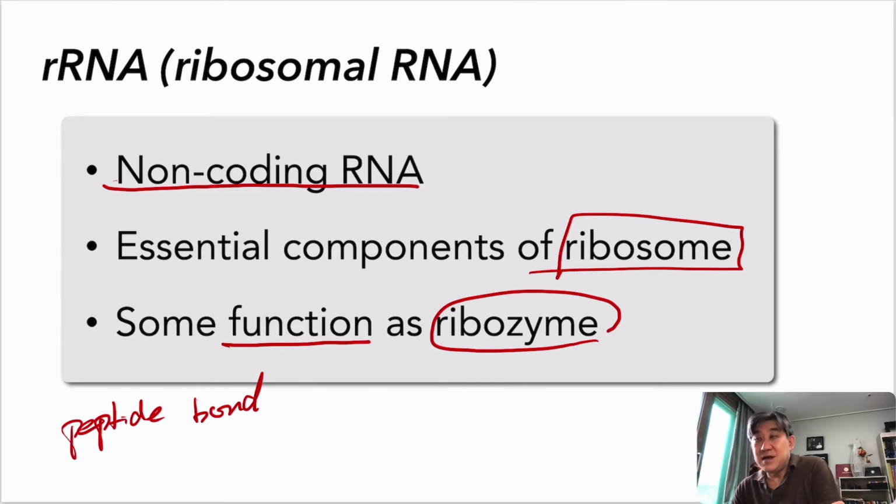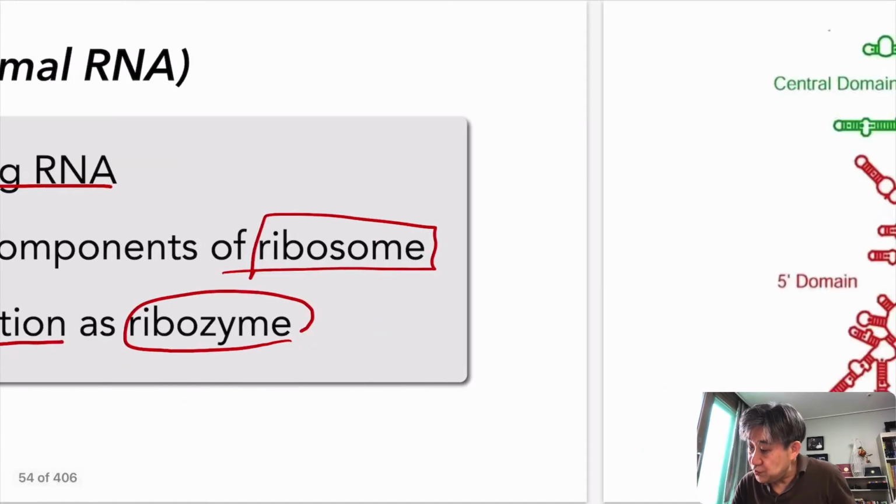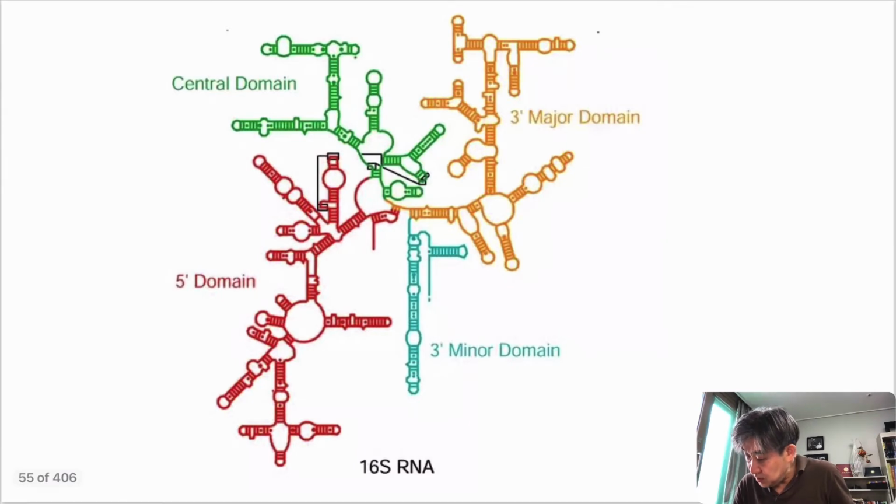That means it can generate some unique three-dimensional structures, as you can see over here. This is one such type of ribosomal RNA, 16S RNA, which is a prokaryotic 16S RNA.